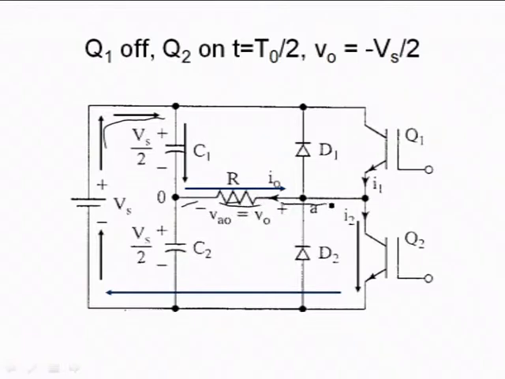The output voltage V naught across the resistor will now be minus Vs by 2. In the previous case it was plus Vs by 2, now it is minus Vs by 2. Thus, we get the waveform: during the first duration T equal to 0 to T naught by 2, we get plus Vs by 2, and during the duration T naught by 2 to capital T, we get minus Vs by 2.